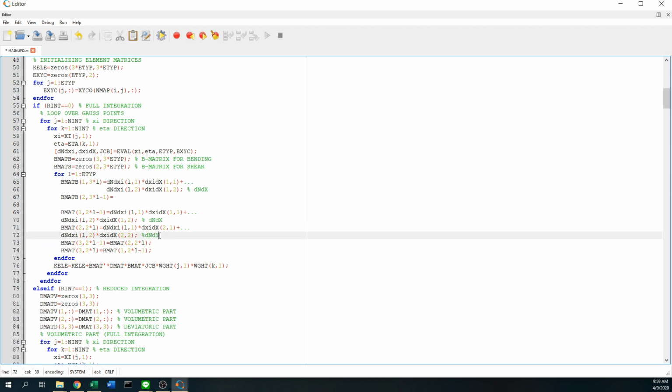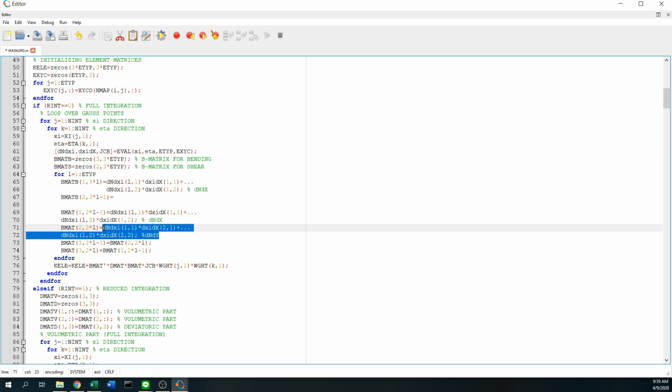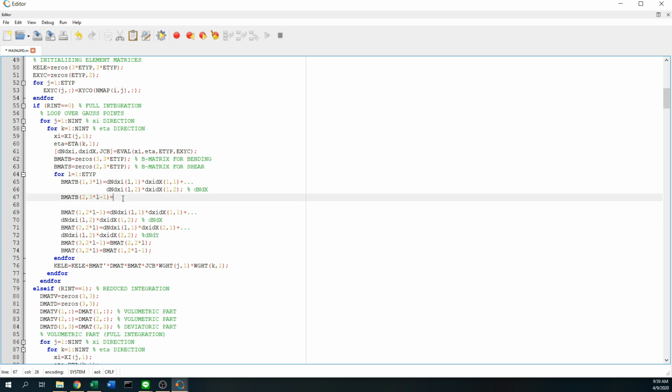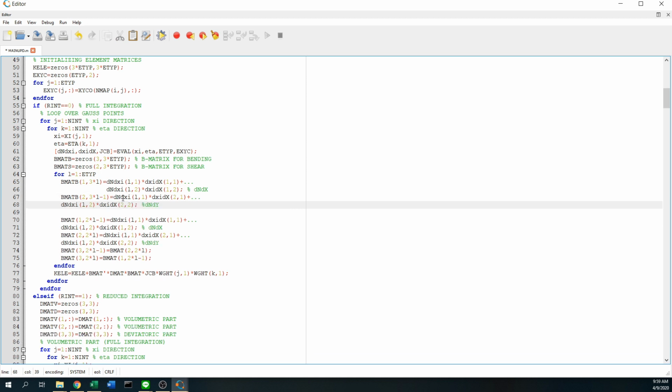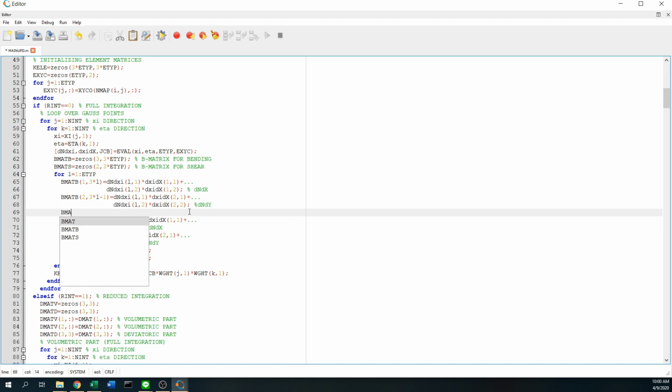This is dn dx. We need dn dy, right? Which is here. Okay, so this is d phi dy. Got it. And then the B matrix, row number 3, column number 3 multiplied by L minus 1.